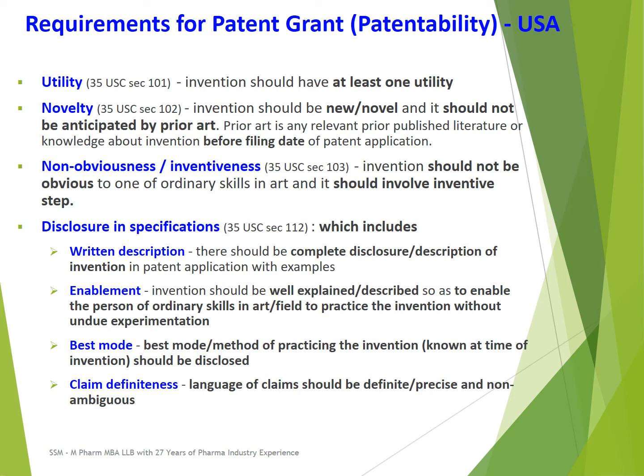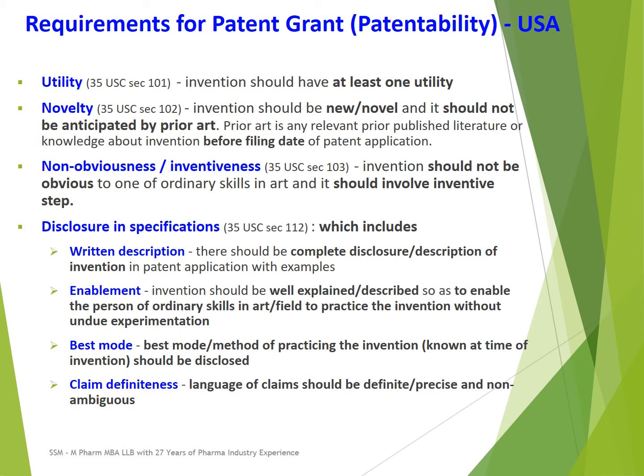Non-obviousness and inventiveness ground also you can challenge a patent. You can find out some article or some information showing that the invention is obvious. Anybody can try this invention in light of these published article or literature.